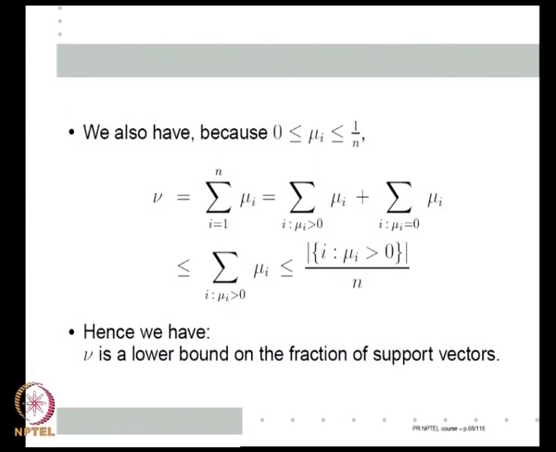As a matter of fact, one can show that asymptotically as the number of examples goes to infinity, nu will be actually equal to both these fractions. Nu will be equal to the fraction of support vectors and fraction of margin errors. It is very useful. So, I can decide what kind of performance I want, right, by choosing my nu.